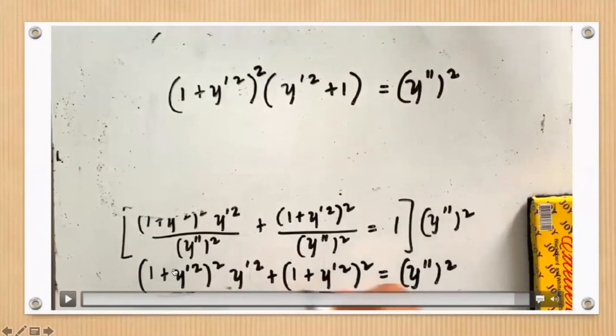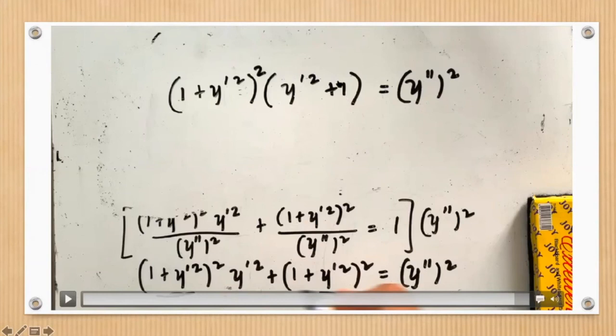Common yung 1 plus y prime squared raised to 2 sa dalawang terms. So, ang ginawa natin is we factor out this expression. Nung nilabas natin ito, ang natira sa unang term is y prime squared. Nung nilabas mo to, ang natira dito is 1.